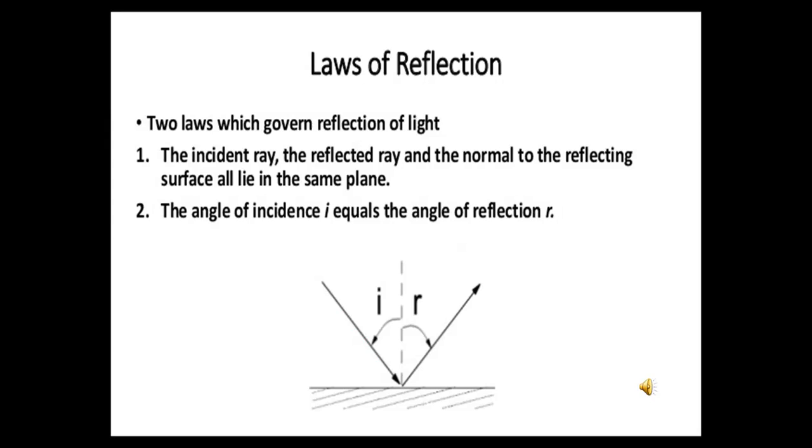So i equal to r. The angle of incidence is always equal to the angle of reflection. The incident ray, the reflected ray, and the normal at the point of incidence lie on the same plane. These two points are the laws of reflection.